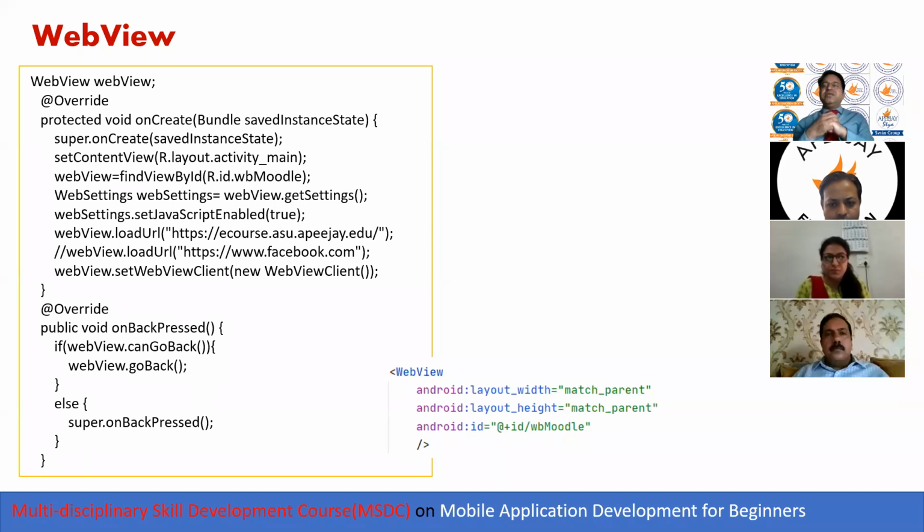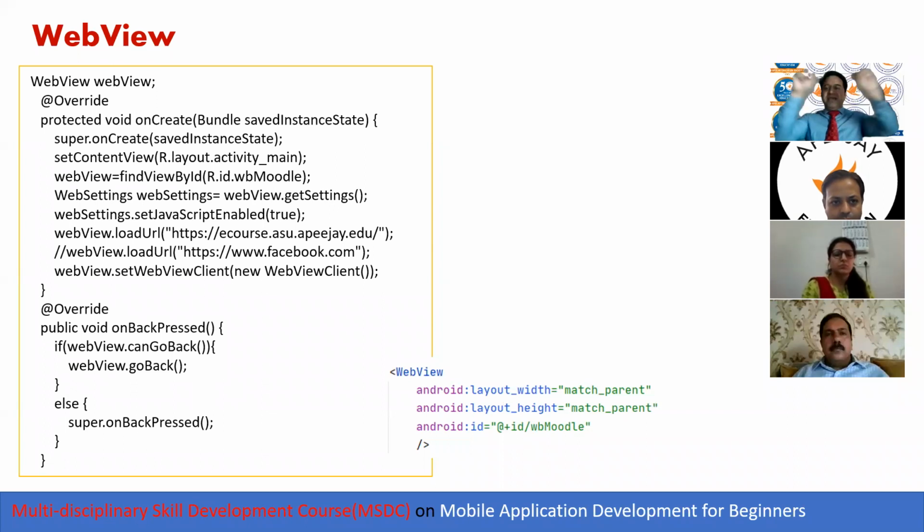If somebody says build an app for a particular website in five minutes, the easiest way, a one-step solution, is to go for a predefined feature of Android, that is web view.